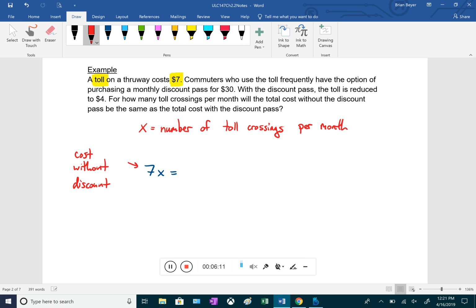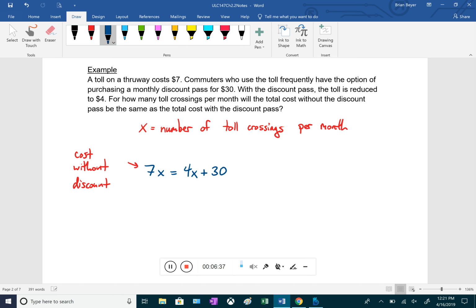So if you do it with the discount it is $30, and then it's $4 for every time you cross it. So you give them a flat rate of $30, and then it's $4 for every time you cross it. So that's going to be 4x plus 30. So the 30 does not depend on how many times you cross it.